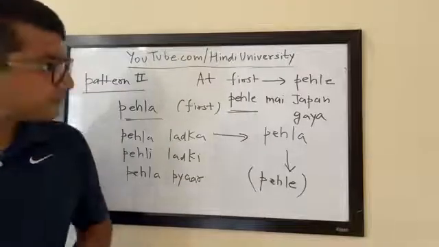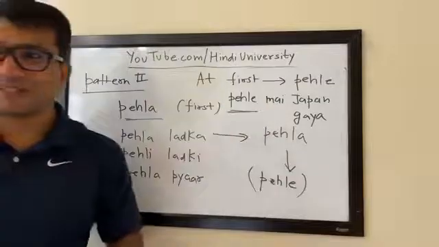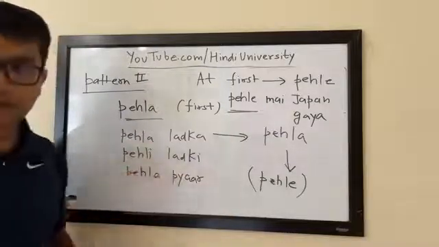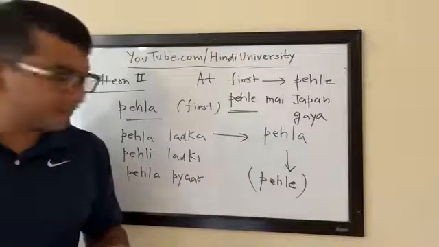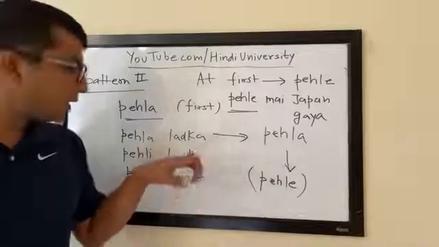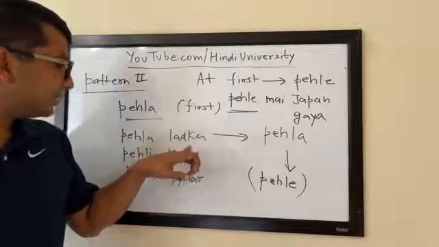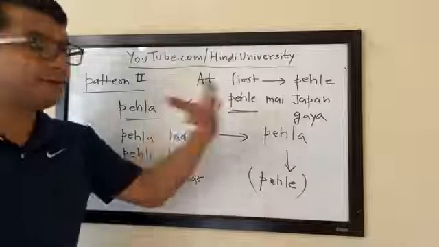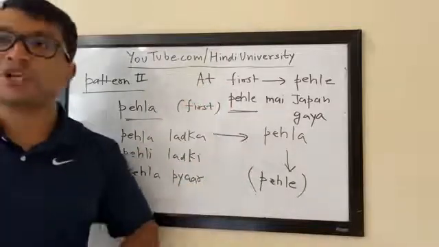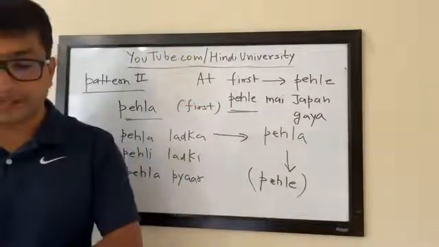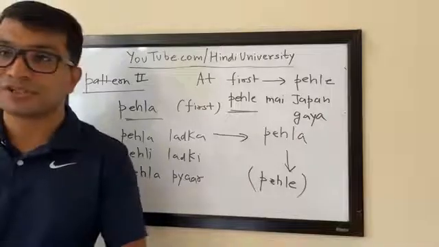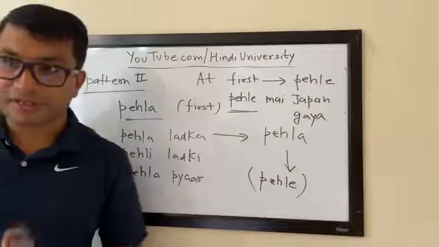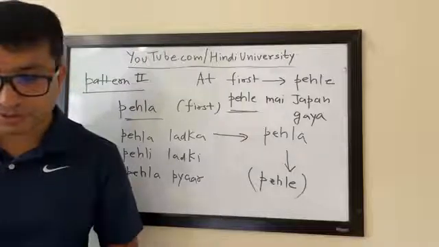Grammatically it's different than पहला लड़का, पहली लड़की, or पहला प्यार, because there you are describing the quality. First boy, first girl, first love, versus at first, पहले मुझे वो पसंद आया, at first I liked him, or पहले वो मुझे पसंद आई, at first I liked her. So a subtle difference in how these are being used.